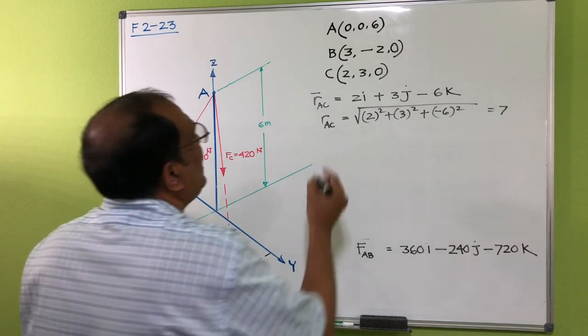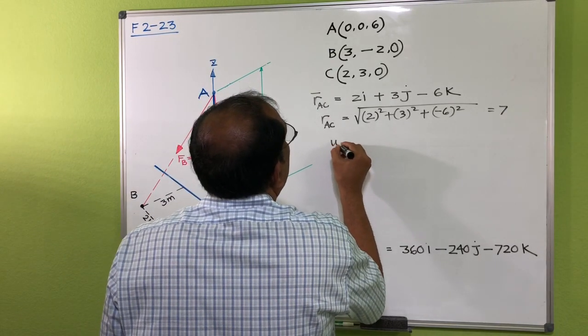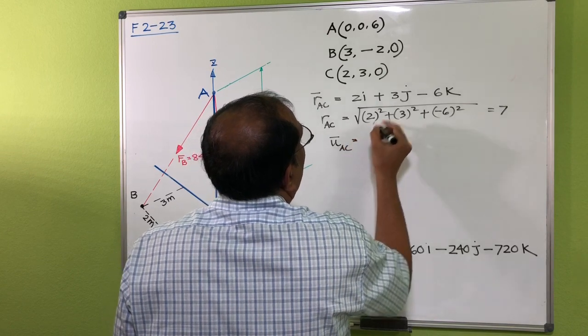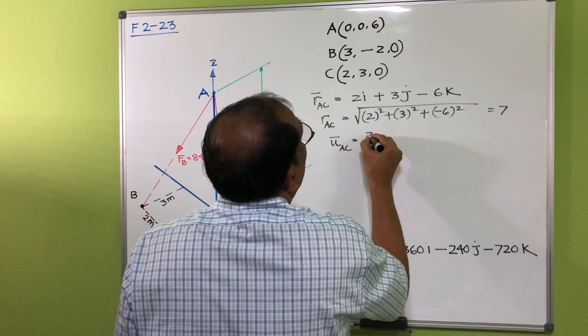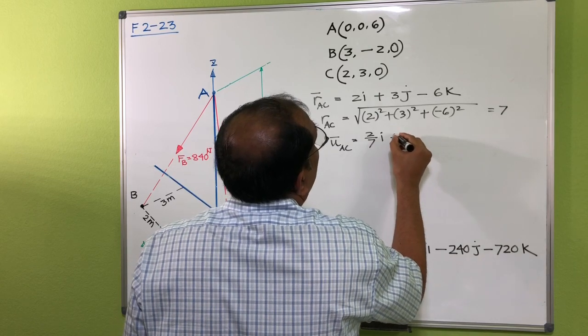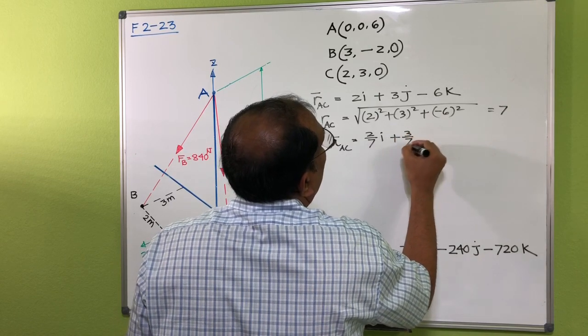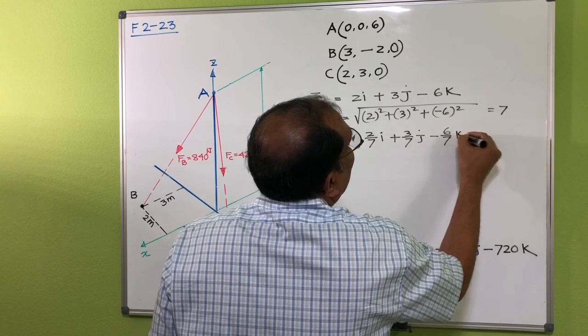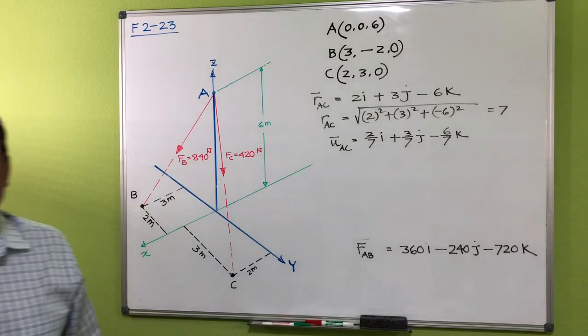So you can see the unit vector from A to C is 2 by 7 i plus 3 by 7 j minus 6 by 7 k.